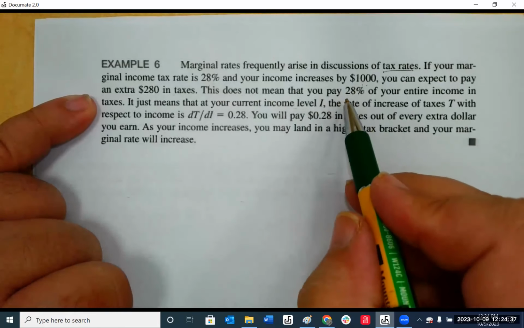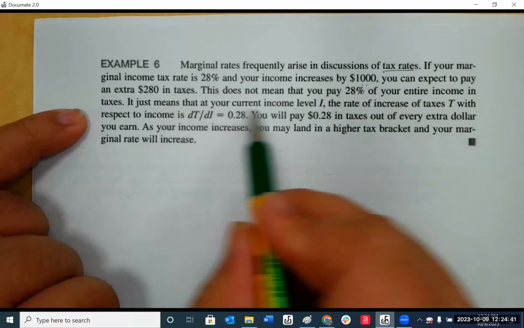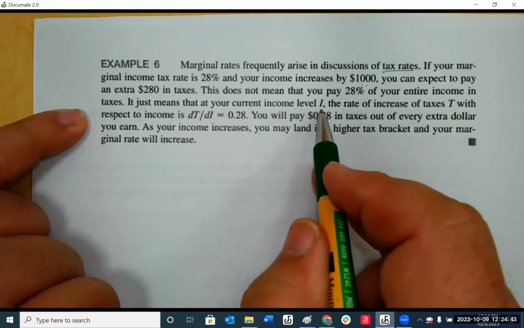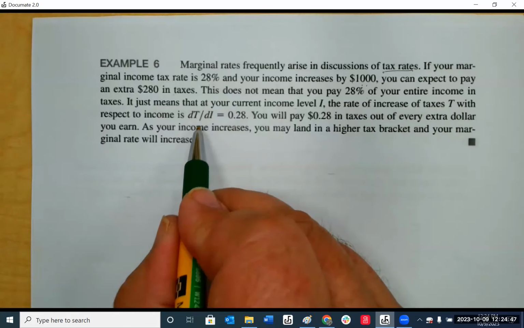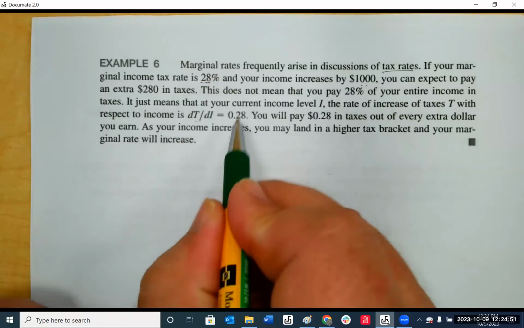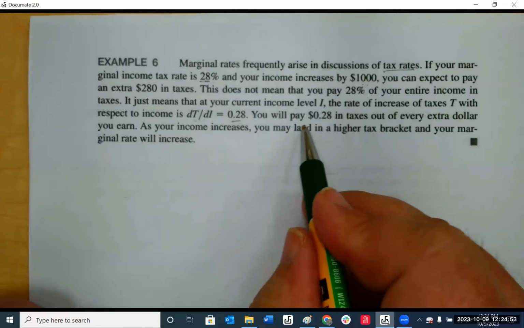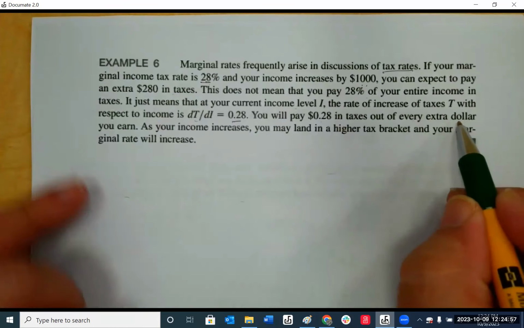This does not mean that you pay 28% on your entire income. It just means that at the current income level L, the rate at which tax T increases is 0.28. You will pay 0.28 in taxes out of every extra dollar you earn.